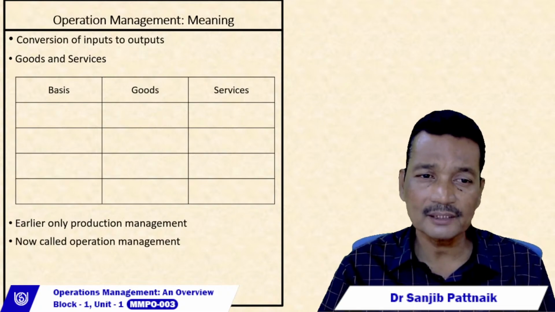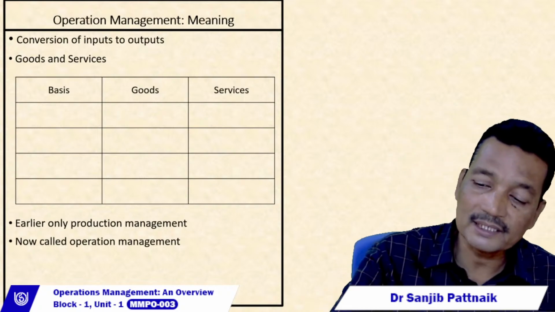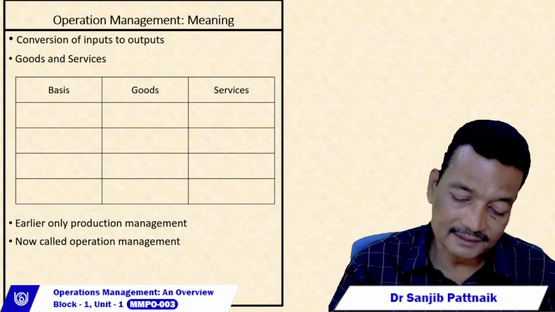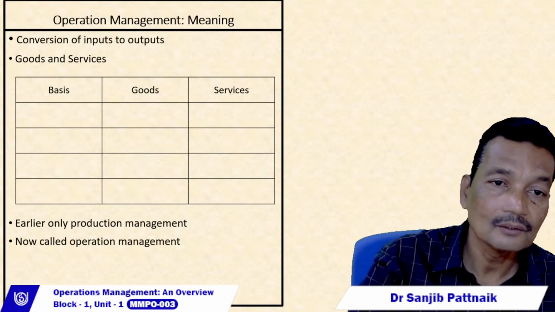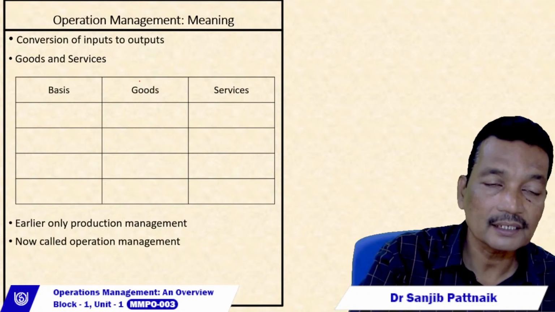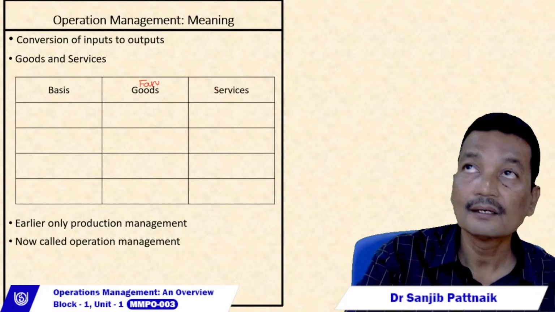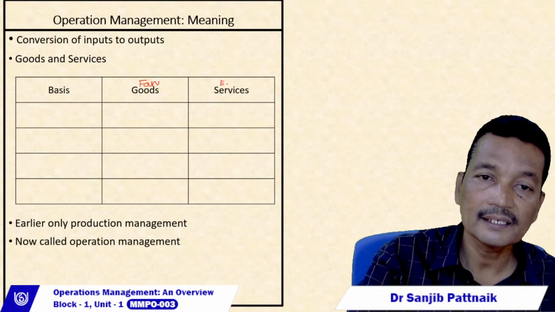So I will be using a few bases to differentiate goods and services. Before that, let me take an example. For goods, let us say I take a ceiling fan, and for services, I take education.